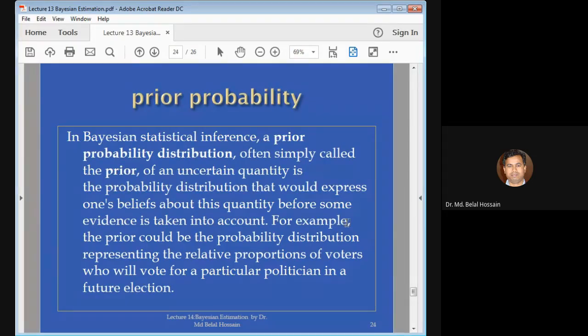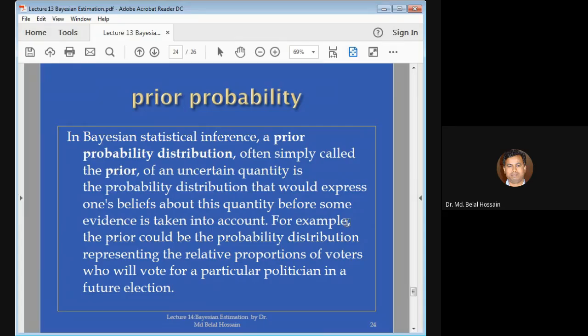To find the definition of prior distribution in text, if you are interested: in Bayesian statistical inference, a prior probability distribution, often simply called the prior of an uncertain quantity, is the probability distribution that would express one's beliefs about this quantity before some evidence is taken into account.